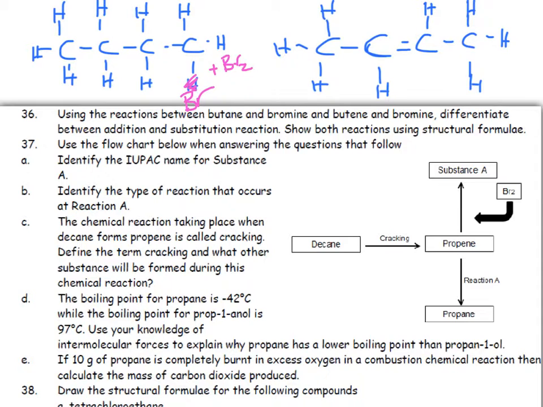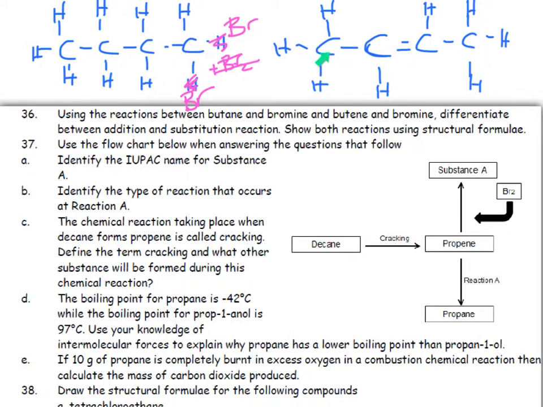I may land up substituting 2 hydrogens. Maybe they're in one part of the molecule, maybe they're in another. The way that this question was asked, you could have answered a multitude of different answers. But if I were to name this particular compound over here, I would say that it is 1,1-dibromobutane.